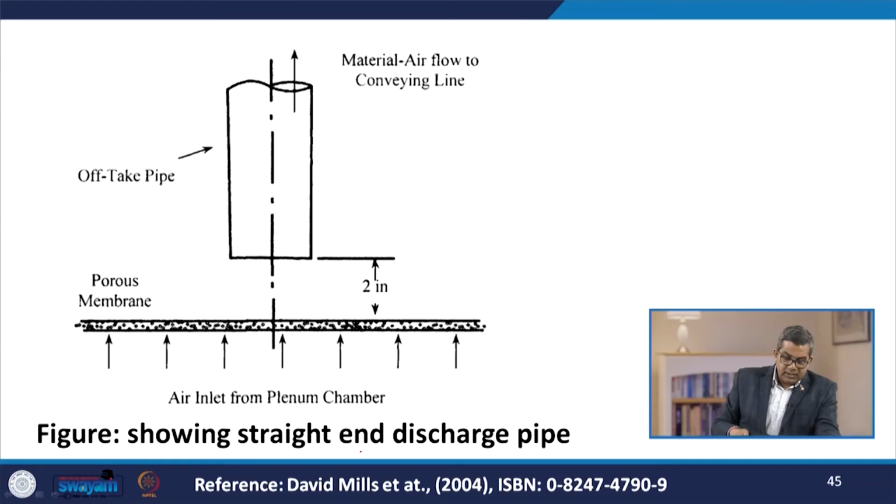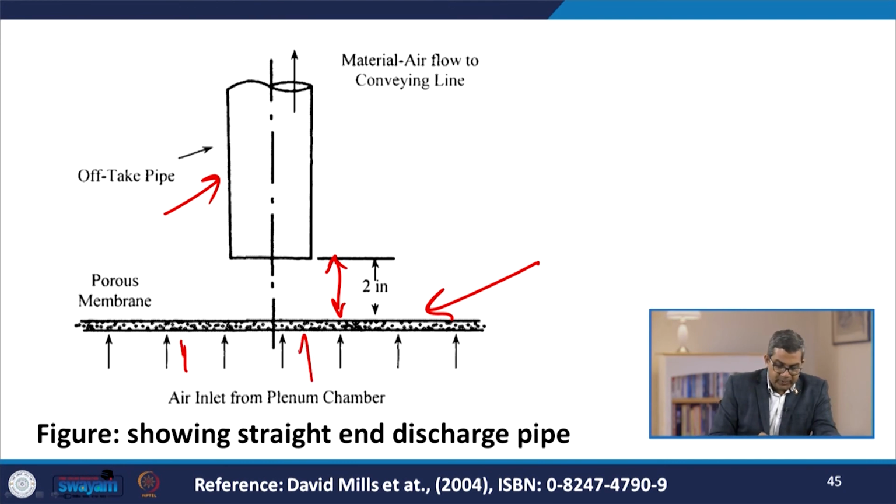If it is too close, it may adversely affect the discharge rate. Now here you see this is the porous membrane which is at the stipulated height with the offtake pipe, and you can feed the air inlet from the plenum chamber over here. This shows the straight discharge pipe.